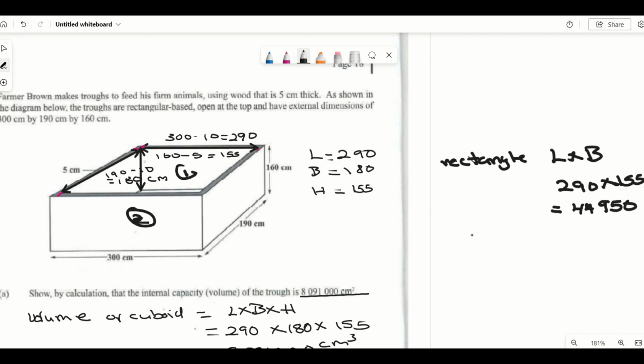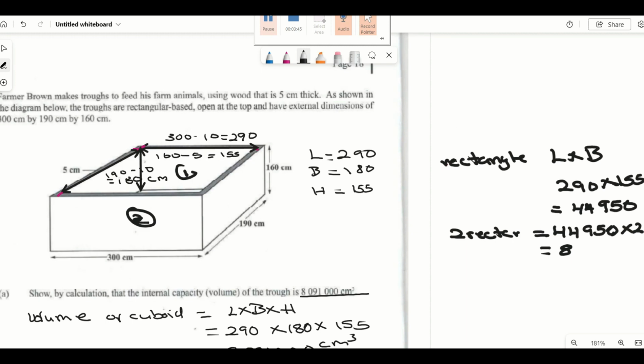And then we have two rectangles like that. So two of the rectangles would be equal to 44,950 multiplied by 2. We multiply this, you're going to get 89,900. That is for the two rectangles that we pointed out.